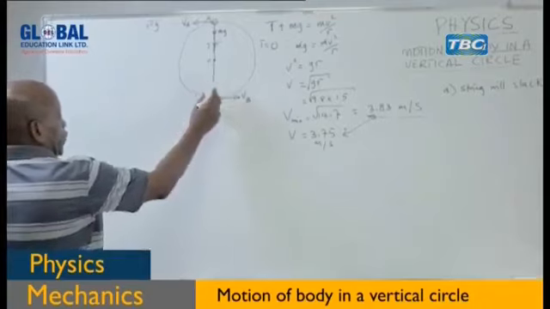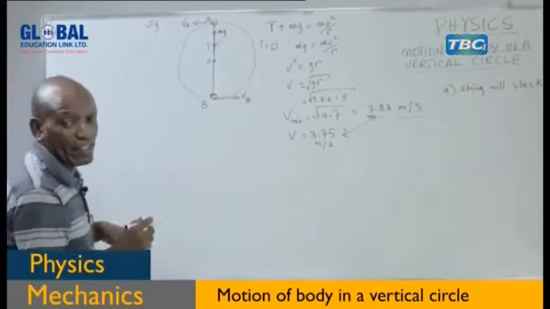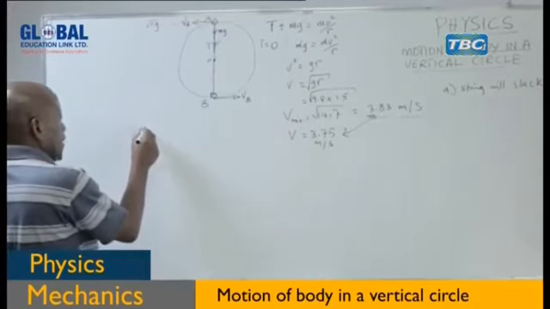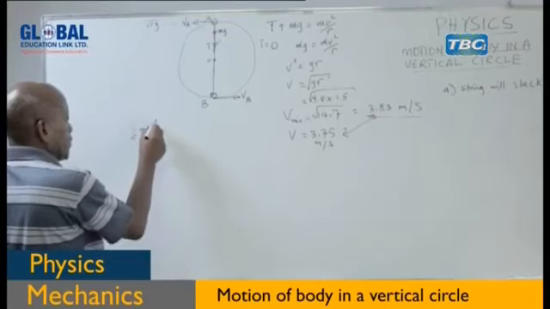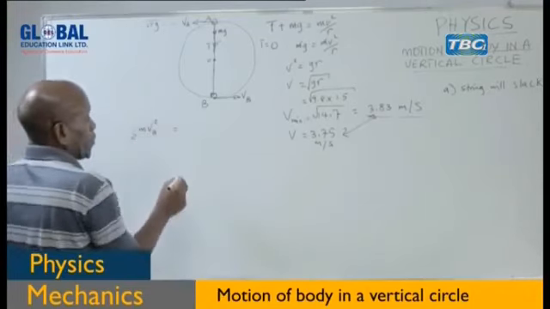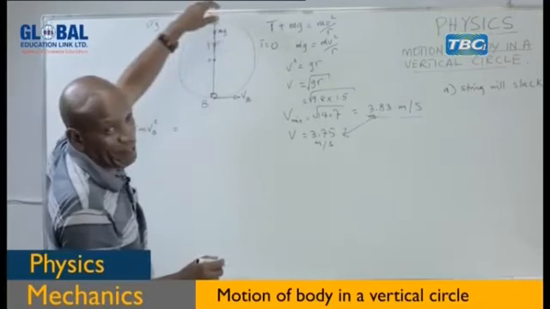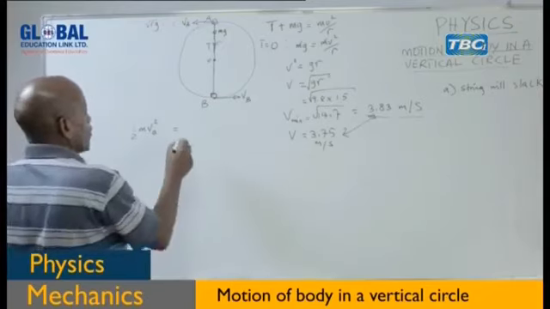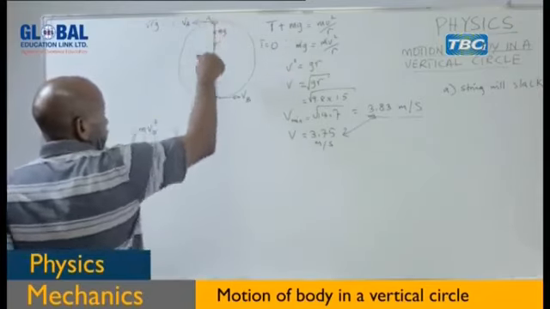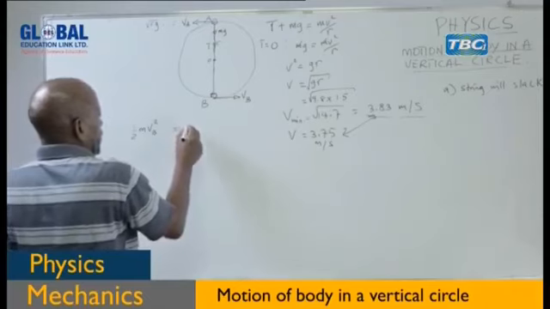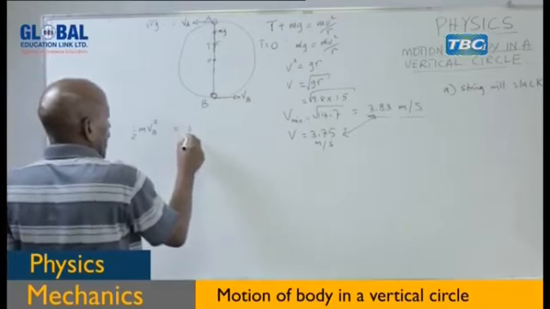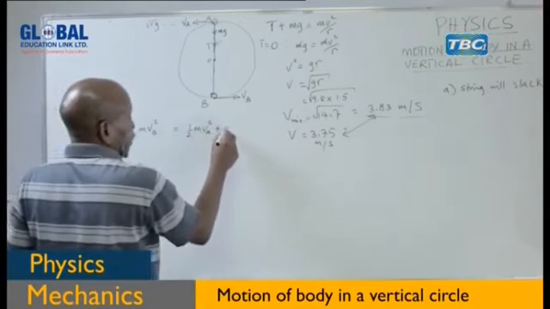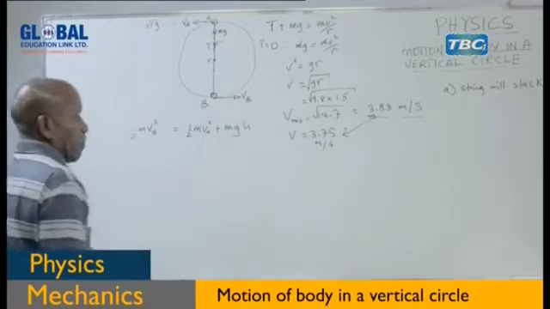So it goes like this. The total energy possessed at the bottom is purely kinetic, which is equal to a half times mass times velocity at B squared. This will be equal to the total energy possessed at the top, which is kinetic plus potential. The kinetic energy is a half times mass times velocity at the top squared, plus the potential energy, which is mg times h.